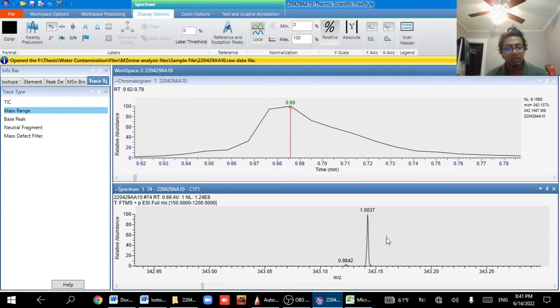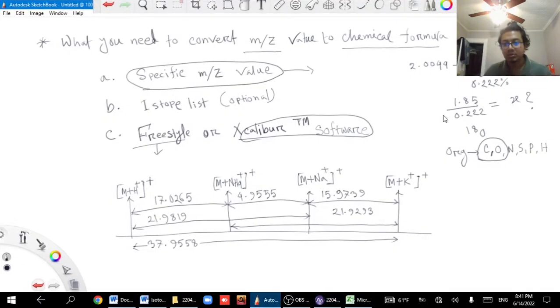But if we have nitrogen in that compound, we can consider it, because this is so tricky. Like that we got a carbon 13 peak here, 1.0037.